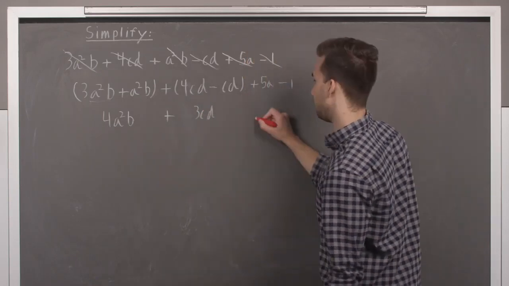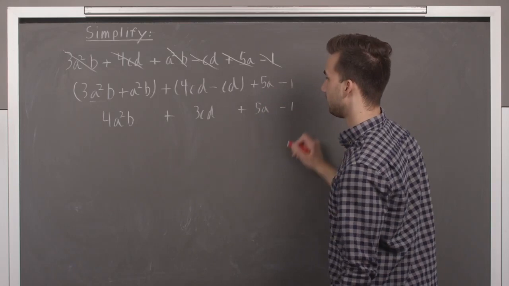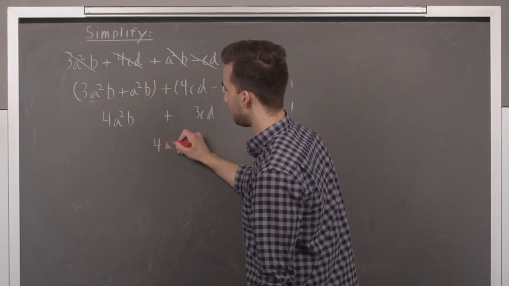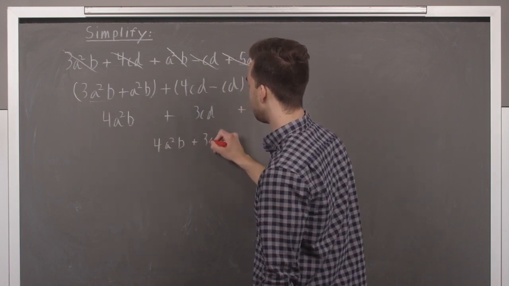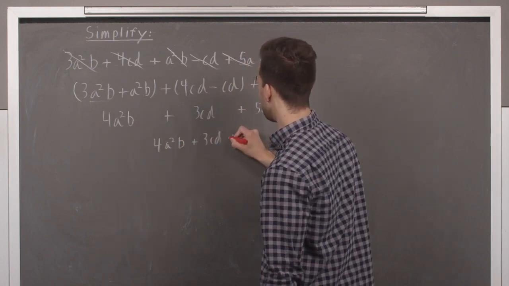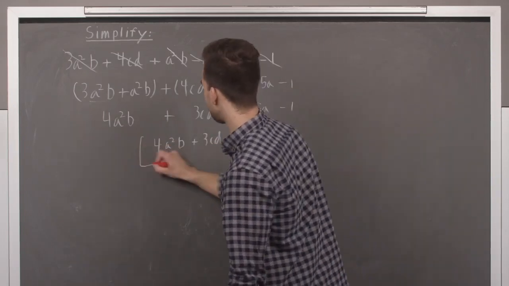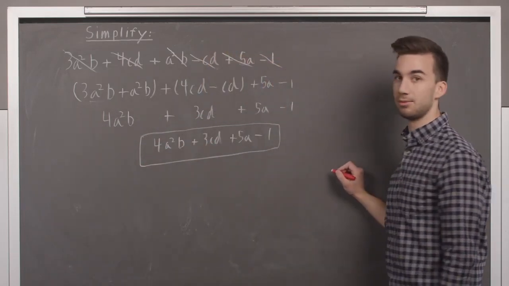And then we have a plus 5a, and then a minus 1. So that's our solution. I'm just going to rewrite it cleaner down here. Plus 3cd plus 5a minus 1. And that's our solution for this example.